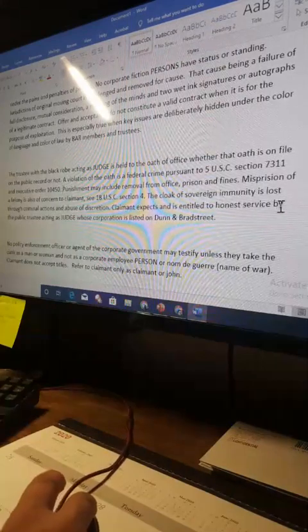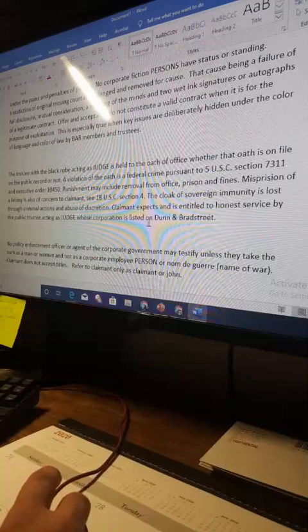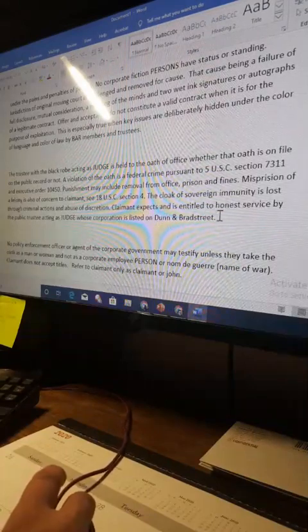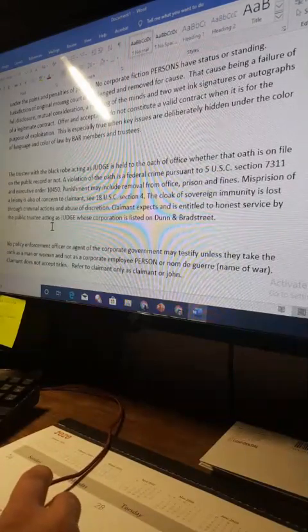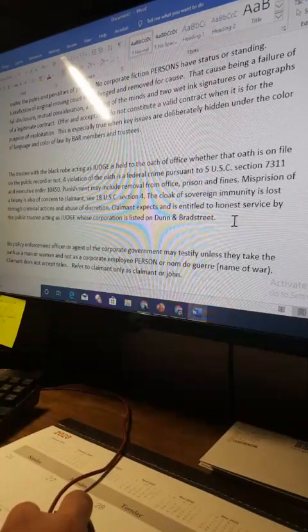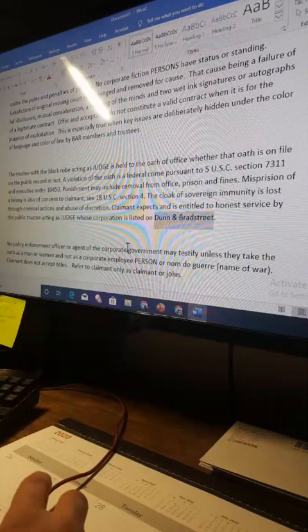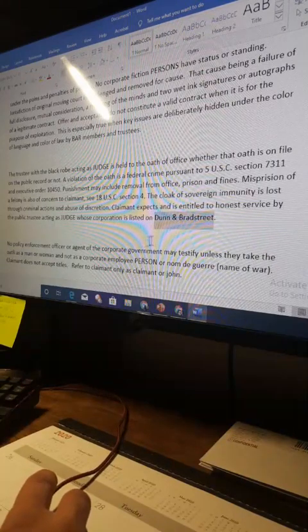The cloak of sovereign immunity is lost through criminal actions and abuse of discretion. Claimant expects and is entitled to honor service by the public trustees acting as judge whose corporation is listed on the Dun and Bradstreet. He's pointing out the fact that it's business, that they're just doing business.